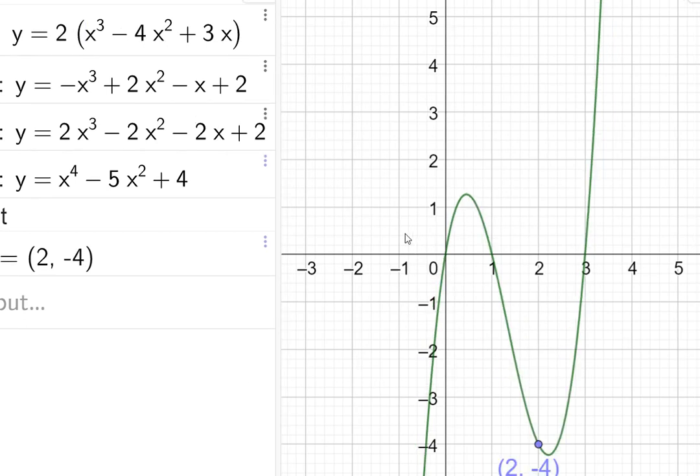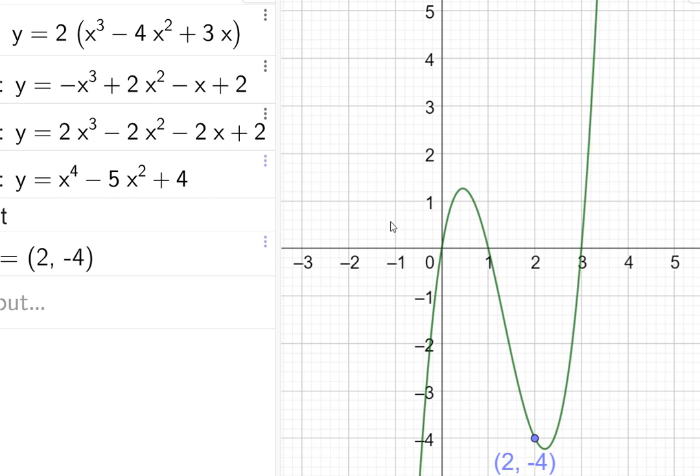Now what's happened? My roots have remained identical. I still have x is 0, x is 1, and x is equal to 3 as my roots, but I can now see that the point on my function has gone to 2, minus 4 because I multiplied this by 2. So my roots are identical.